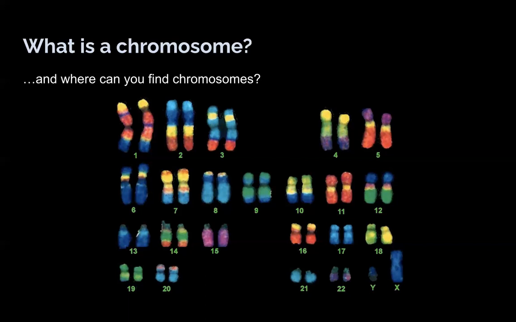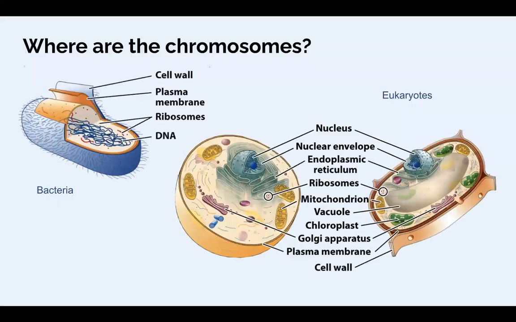All right, so where do we find chromosomes? Well, think of that on a cellular scale. It depends on the DNA you're looking for, and it depends on the organism you're looking at. So we'll break it down between bacteria and eukaryotes. We've seen a few reasons why these kinds of organisms differ. Another one is how their chromosomes are put together.